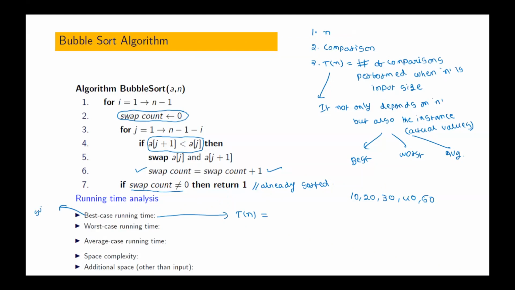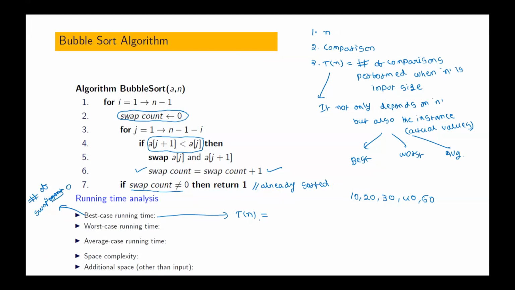Swap count is the number of swaps. Swap count means, again, you should not mistake it for this. Number of swaps equals 0.